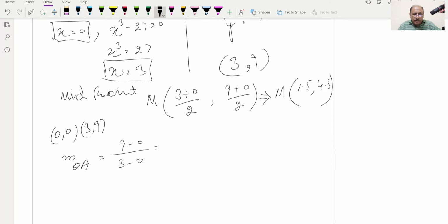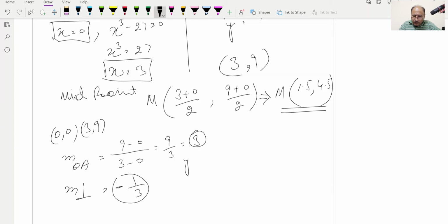So this will be equal to 9 over 3, which is equal to 3. So the gradient will be 3. Now the gradient of the perpendicular will be the reciprocal with the sign changed, so minus 1 over 3. This will be the gradient, and the point is the midpoint, so we will use these.